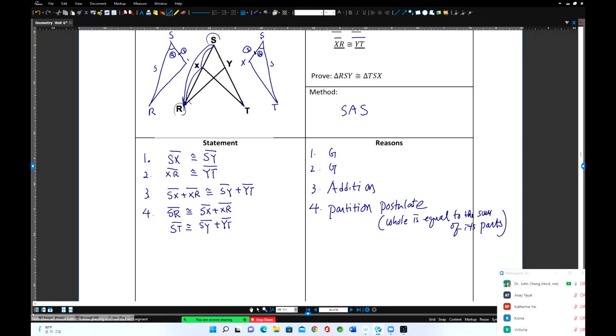Now using this partition postulate, replace 3 with these two lengths. The first, SX plus XR, is equal to SR, right? So SR congruent. The second one is actually equal to ST, right? They're equal, congruent. This was substitution of congruence.